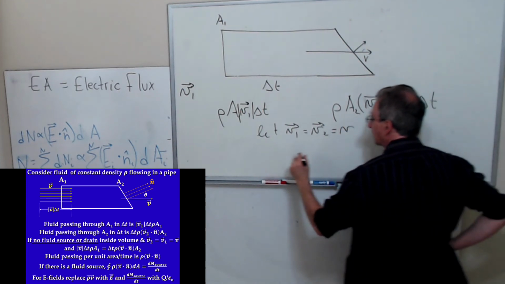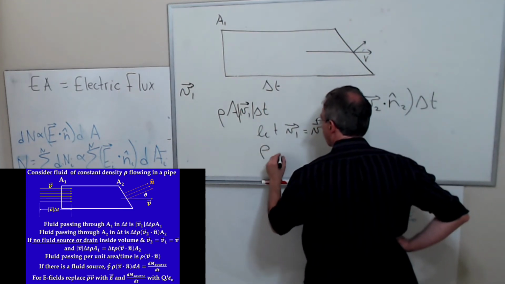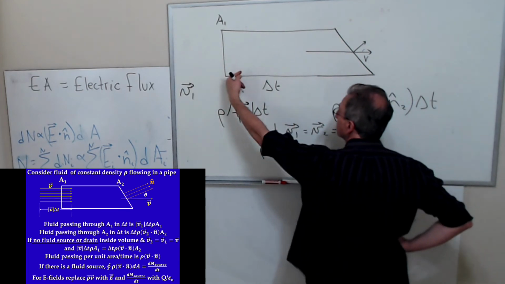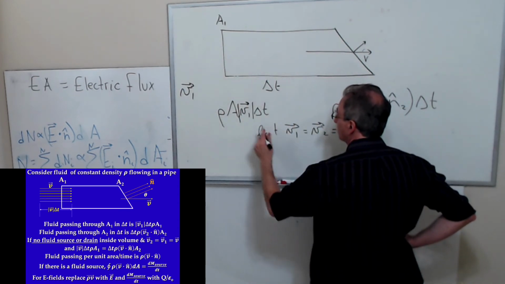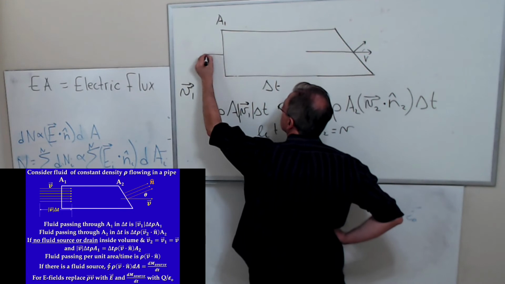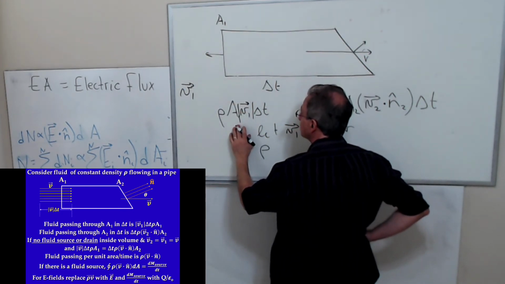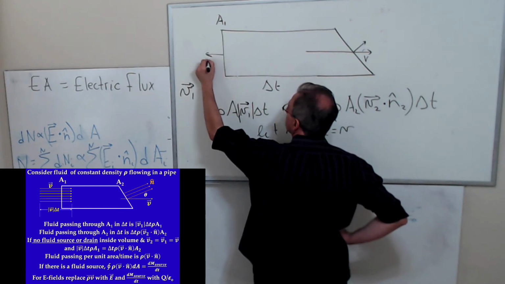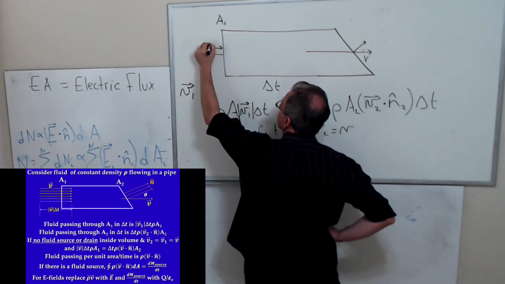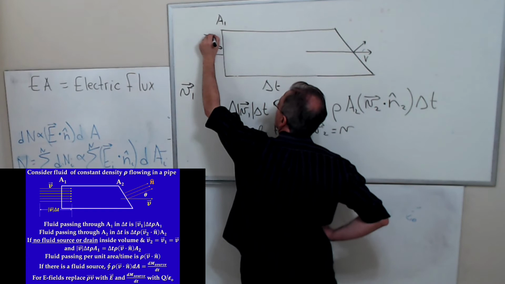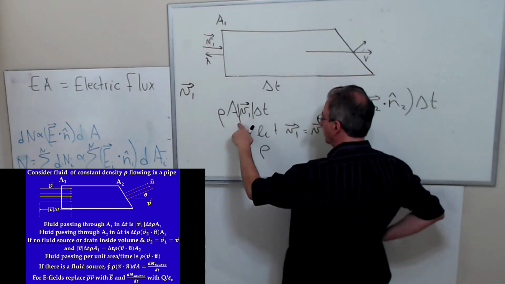And if that's the case, then if I look at what goes into the surface, which is negative, because the normal to this surface is that way, I have to define this to be negative, because the normal to the surface is this way, the velocity is this way. So really I have to define this as negative.